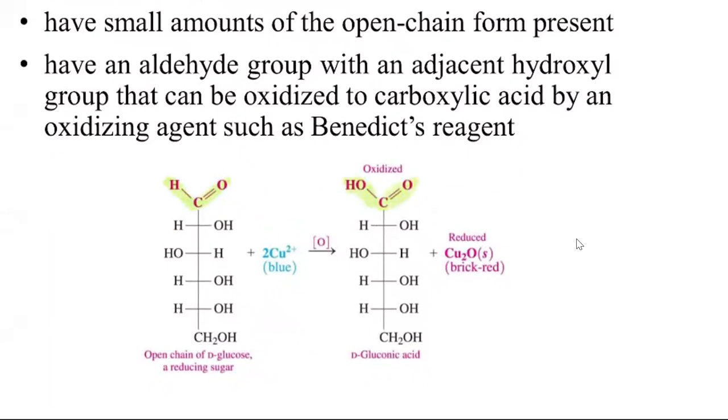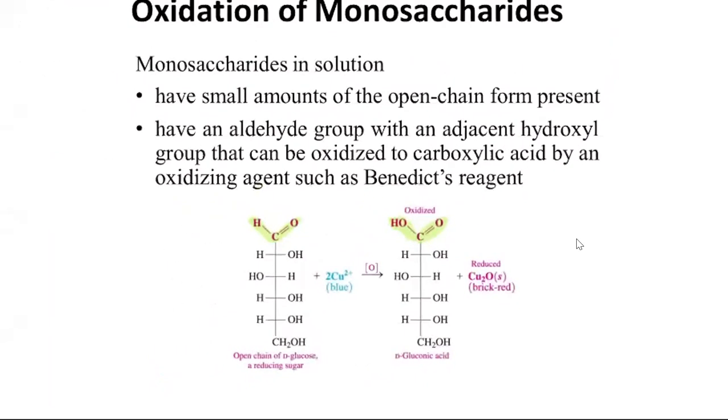Now, there is a reagent that is called Benedict's reagent. Benedict's reagent is based on having a copper molecule. It has copper 2, and since it has copper 2, it is blue in color. Now, when you put in a monosaccharide that has an aldehyde, or even a ketone, because ketones can be converted to aldehydes in solution, that's specifically in biology.